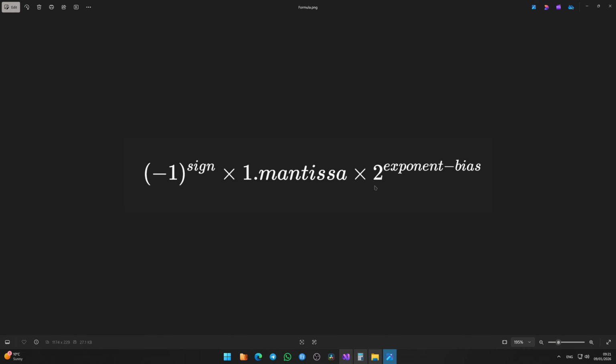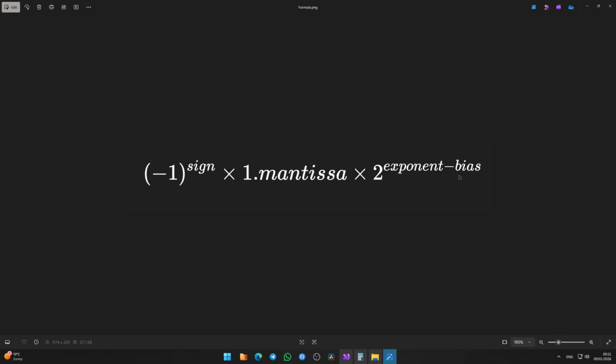Then we have the exponent, which defines the scale of the number, how large or small it is. The exponent uses 8 bits in a float and 11 bits in both double and long double. Finally, there's something called the bias, an offset added to the exponent. It's used so that the exponent can represent both positive and negative powers of 2.